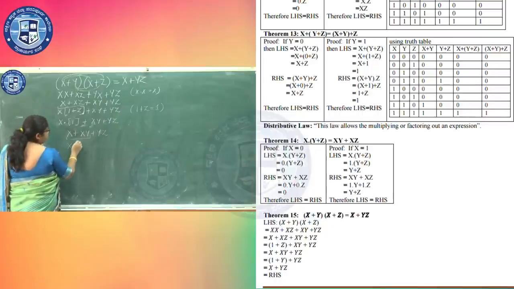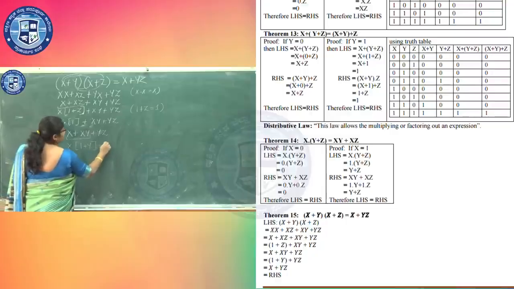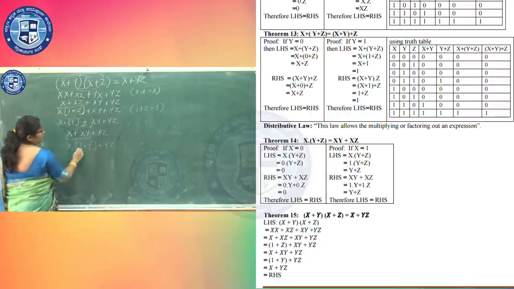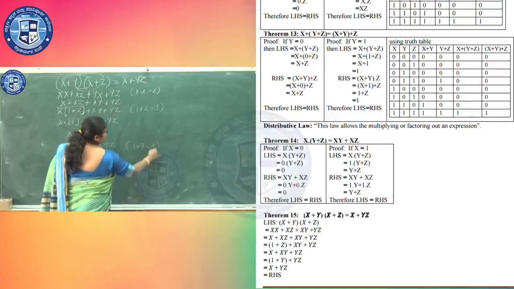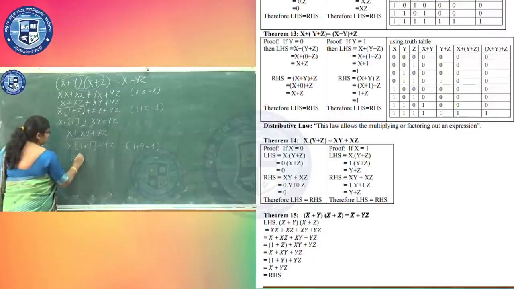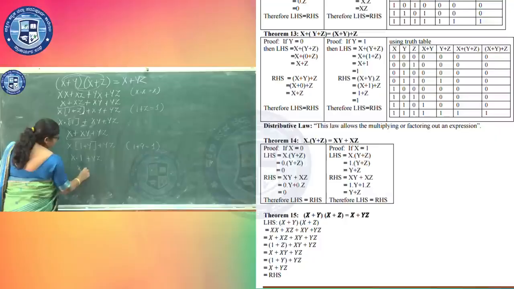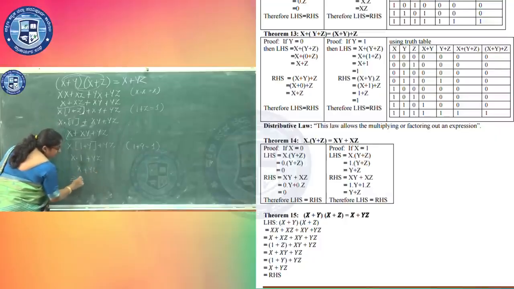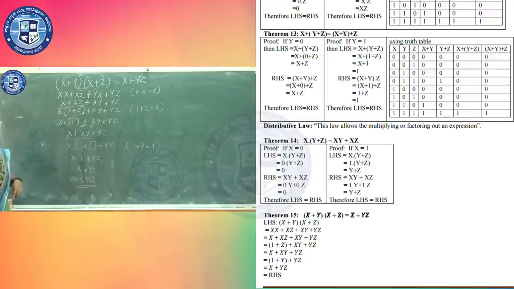We are taking the x outside. We have 1 plus y plus yz. 1 plus y is nothing but 1. X into 1 plus yz, that is x plus yz, and which is nothing but our RHS. Hope you understood this.